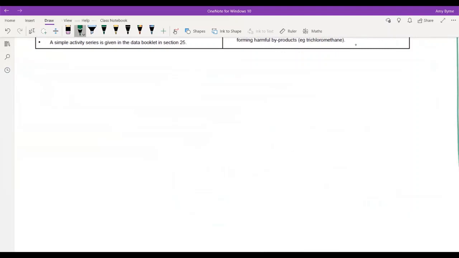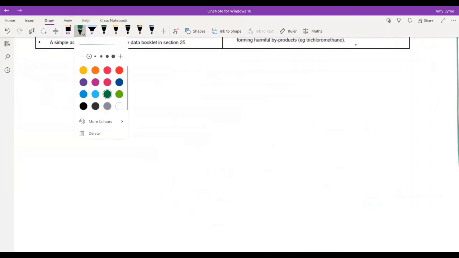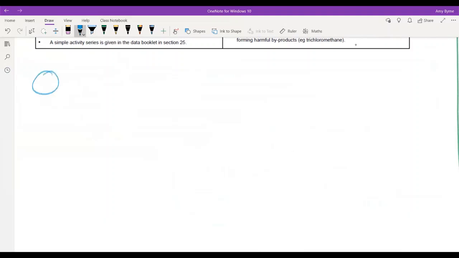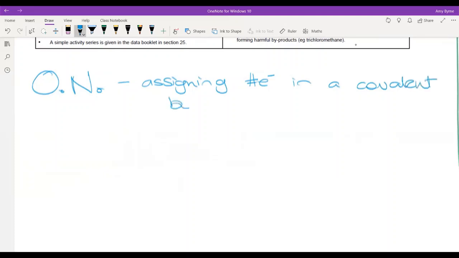Oxidation numbers are basically like in a divorce, who would get the kids, being the electrons. So oxidation numbers, ON, it's a way of assigning the number of electrons in a covalent bond. And there are a series of rules that allow us to do this.